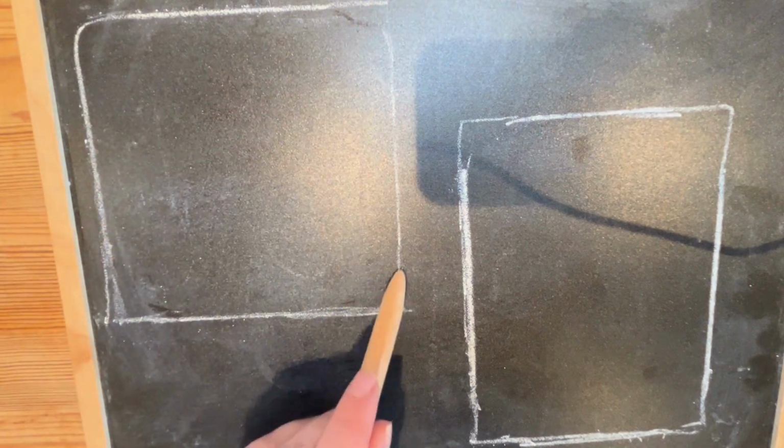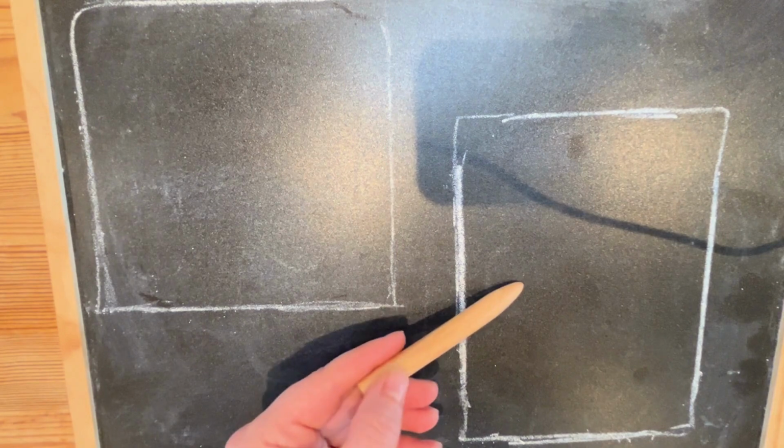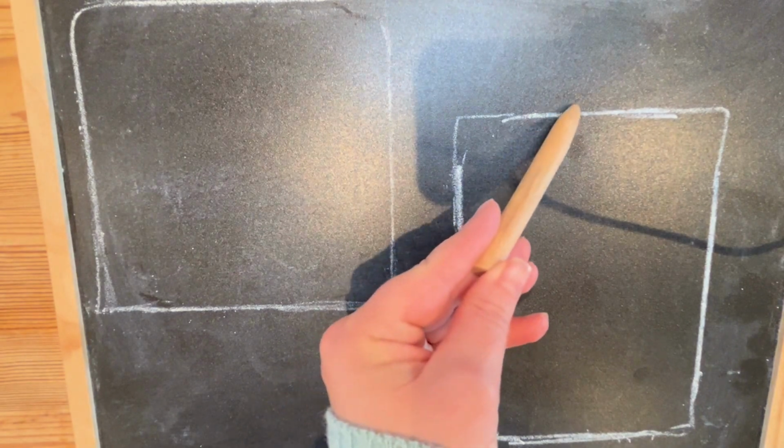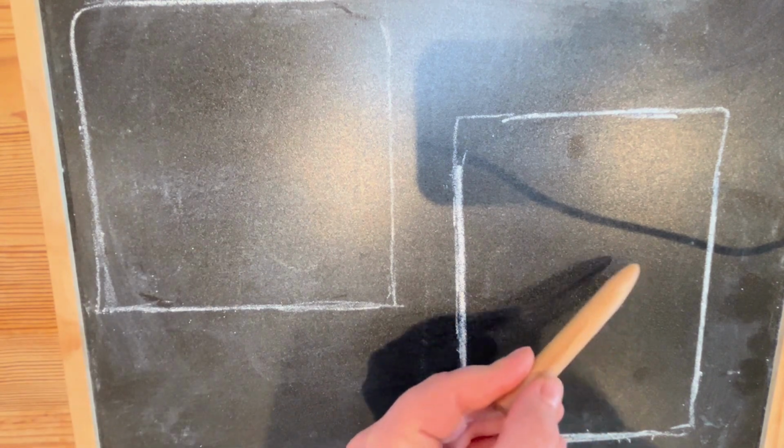It has 4 sides and 4 corners, 4 angles right here. Well, this one down here also has 1, 2, 3, 4 sides. Well, if this one has 4 sides and this one has 4 sides, are they the same shape? No, they're not the same shape.